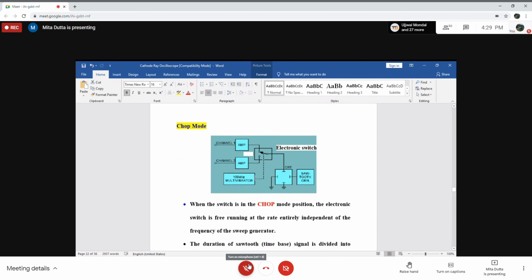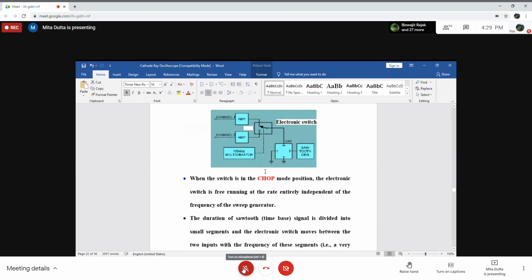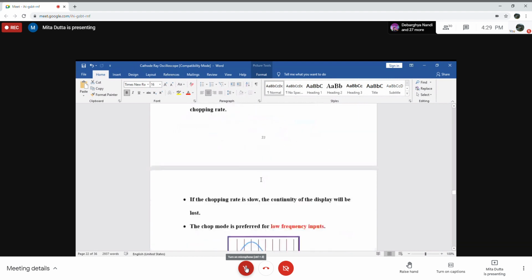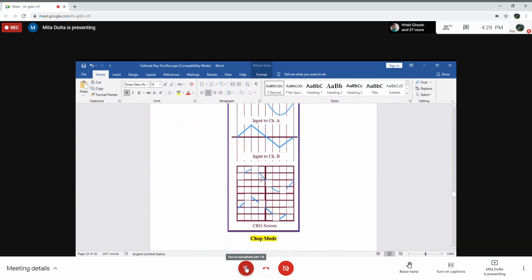Since it works as a multivibrator or a free running switch, it will take a small segment of channel 1 and then a small segment of channel 2 and display them on the scope screen.